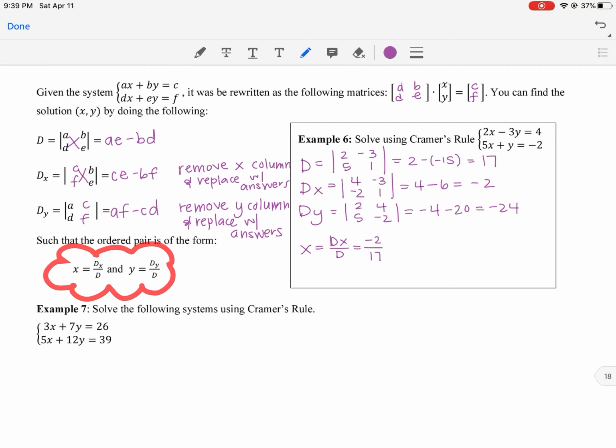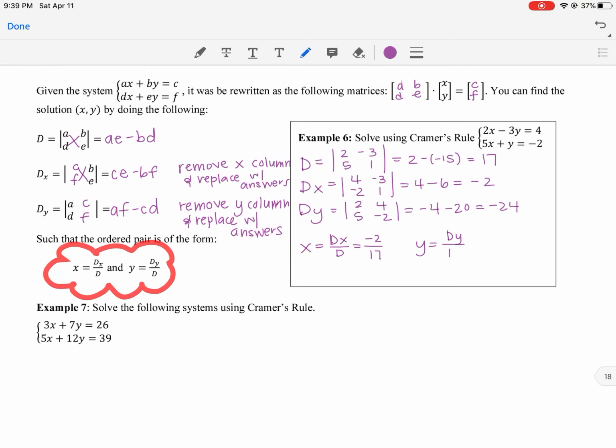So now x is equal to dx over the determinant of the original, so we're going to have -2 over 17. And y is equal to the determinant where we replace the y's over the original, so -24 over 17. So your answer here is -2 over 17 and -24 over 17.